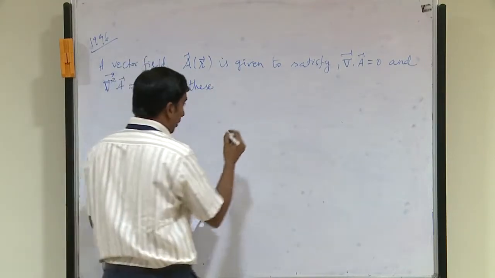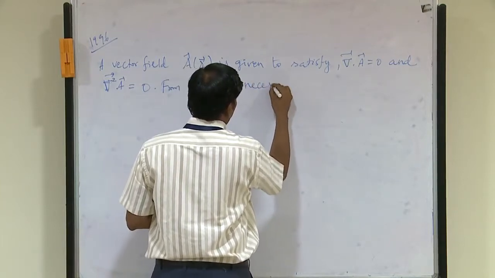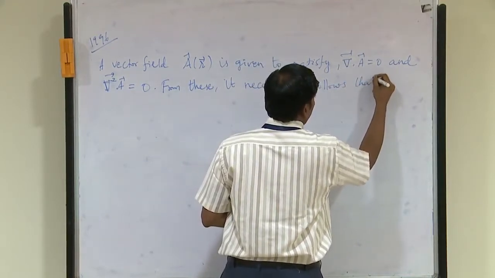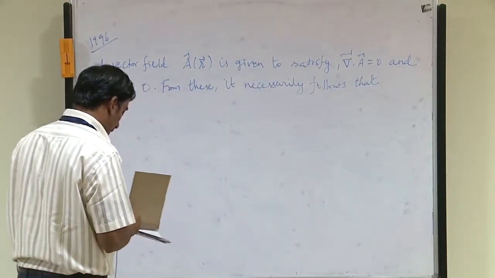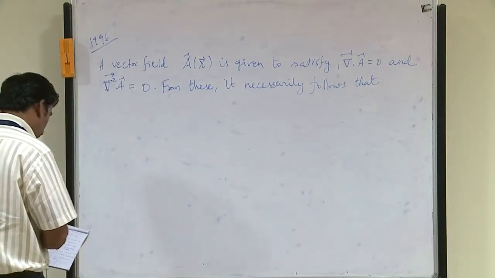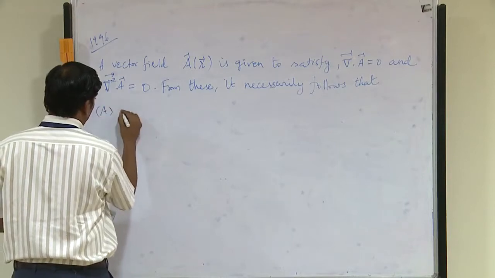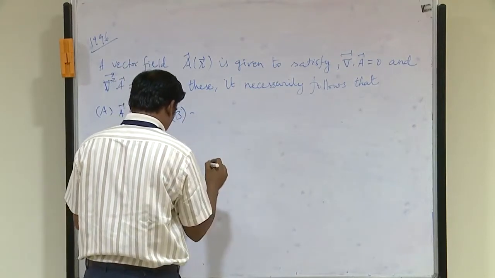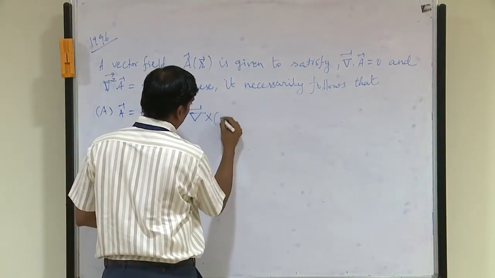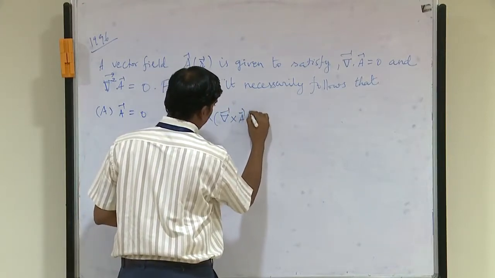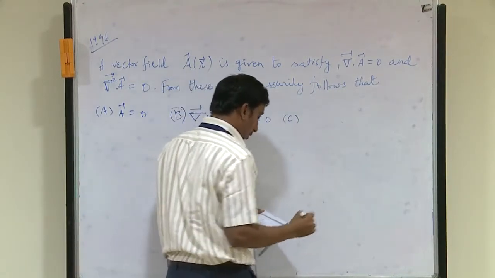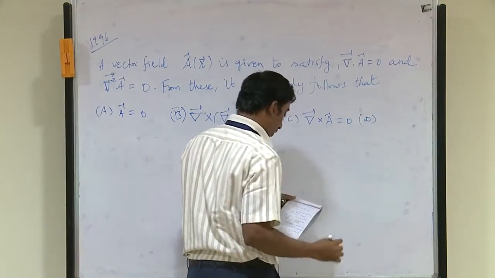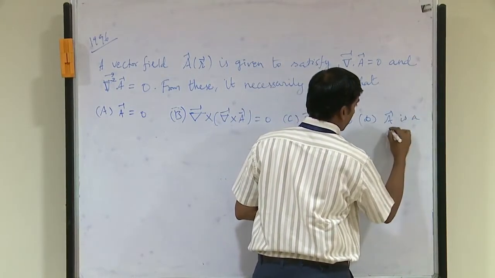From these, it necessarily follows that A vector is equal to 0, curl of A is equal to 0, curl A is equal to 0, or A vector is a constant.